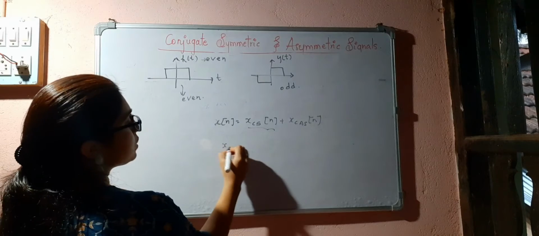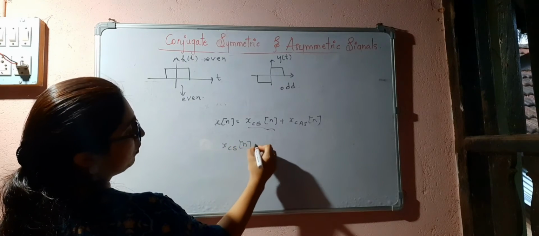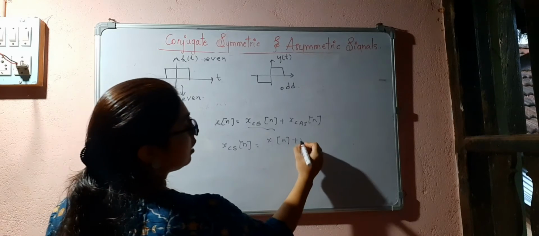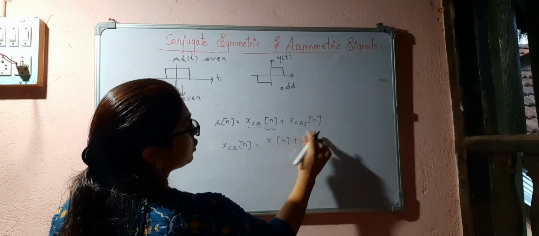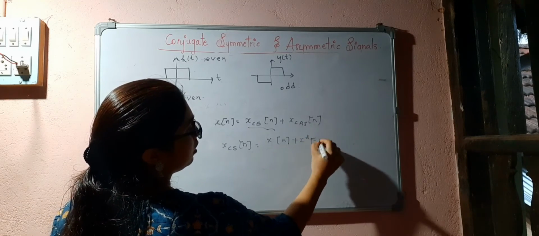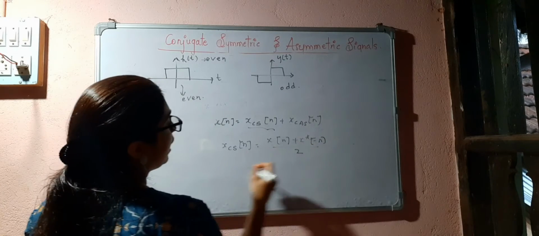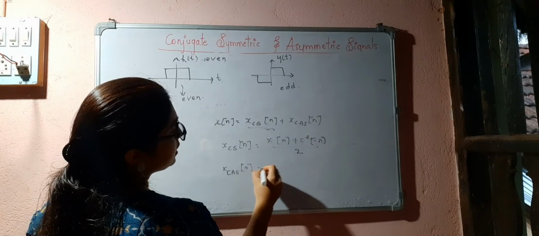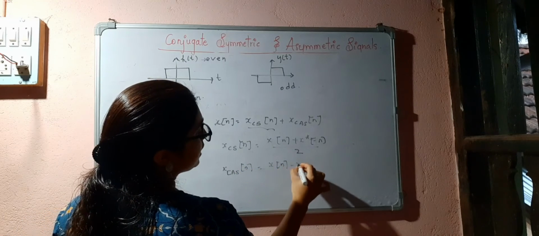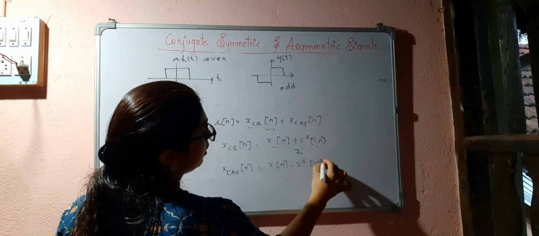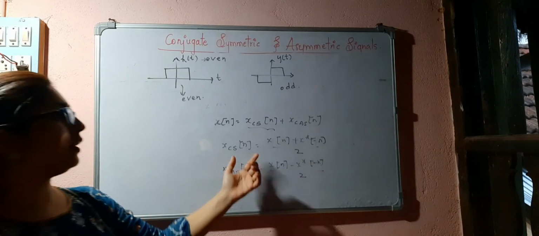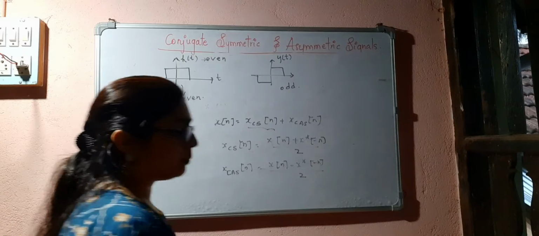And to find the conjugate symmetric part, the procedure is the same: x of n plus x conjugate of minus n, divided by 2. And if it is conjugate asymmetric, then it is x of n minus x conjugate of minus n, divided by 2. Okay, so this is the conjugate symmetric part, and this is the conjugate asymmetric part.